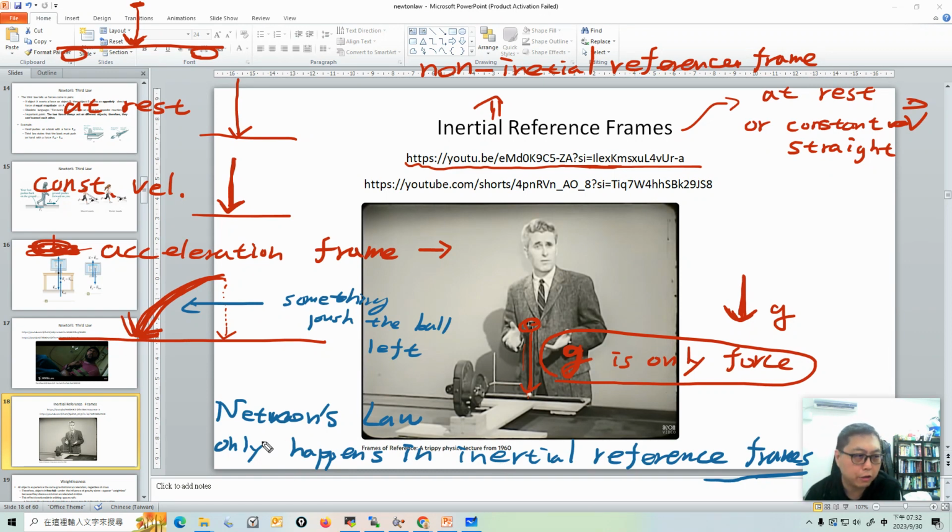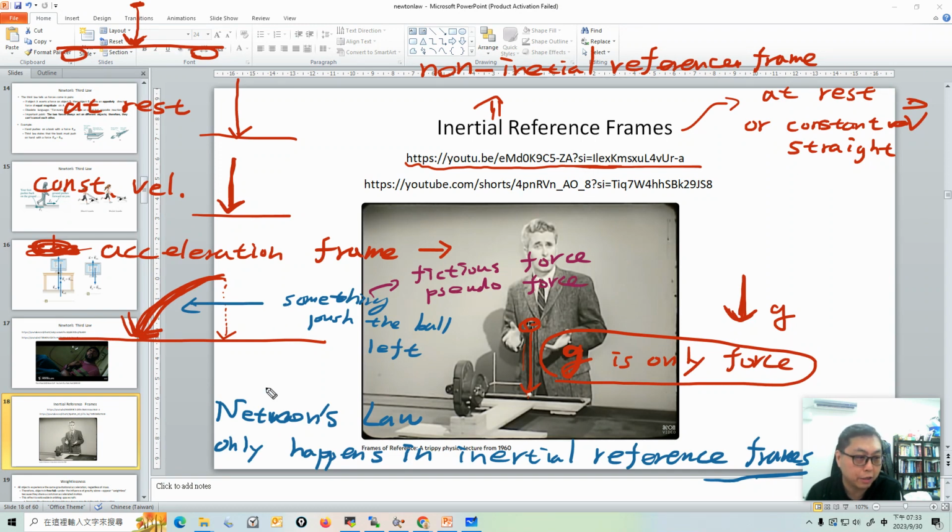So finally, how do we explain this? If you are in a non-inertial frame, we need a term called fictitious force, or pseudo force. Physics uses a fictitious force, or pseudo force, to explain this.